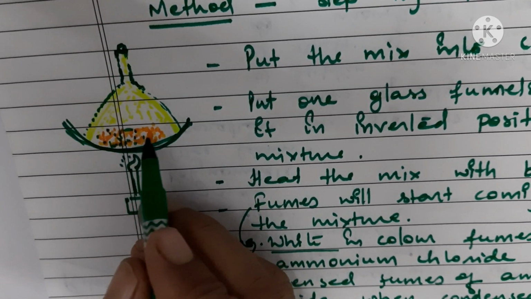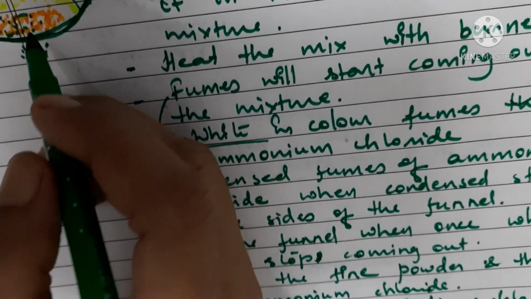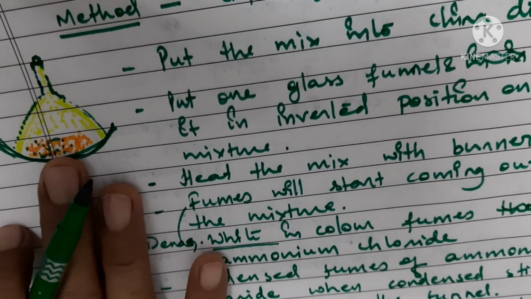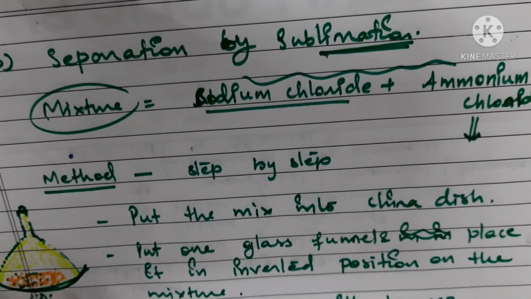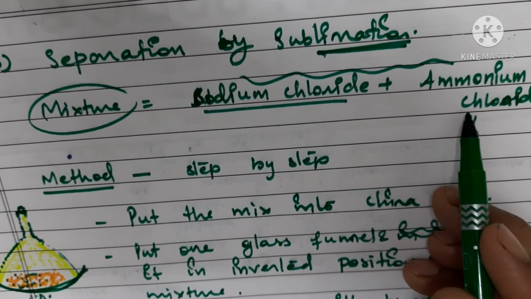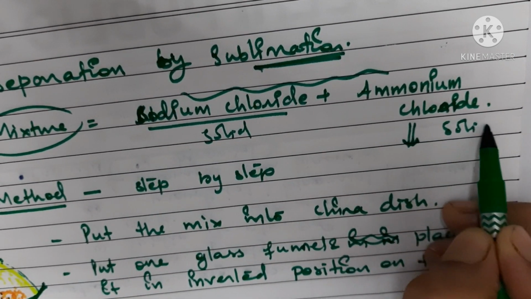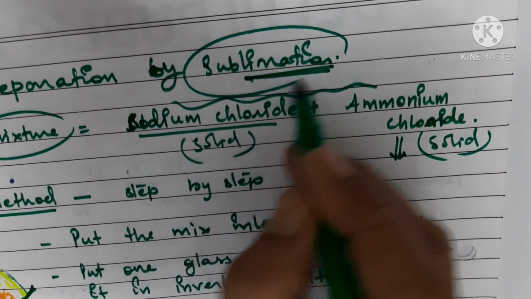The leftover portion remaining here was your sodium chloride. So this is how you can use a sublimation process to separate one solid from another solid. Both are solid, so from one solid to another solid, you can separate by the sublimation process.